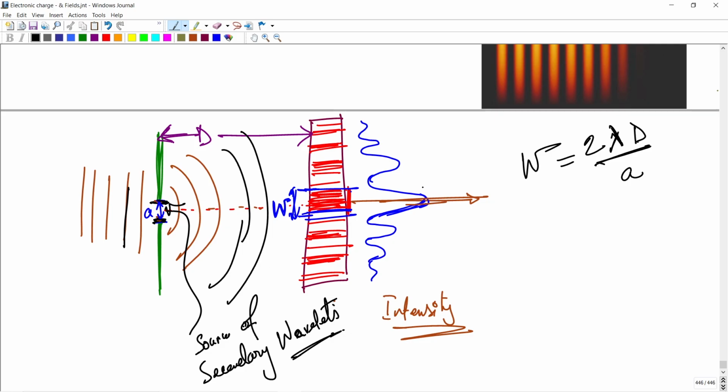Now we get some pattern of dark and bright spots here.